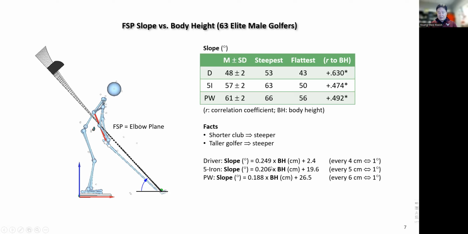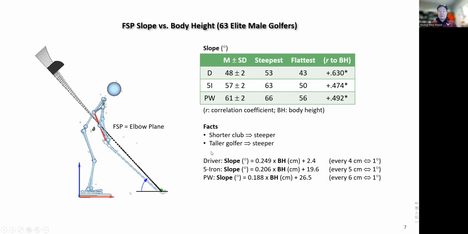This slope is close to 0.2, so for every 5 centimeter increase in height, we see a 1 degree increase in the slope in the 5-iron swing. And for the pitching wedge, it will be 0.188 times the body height plus 26.5. So for every 6 centimeter increase in body height, we see a 1 degree increase in the slope.